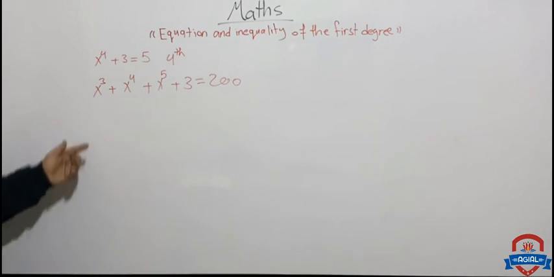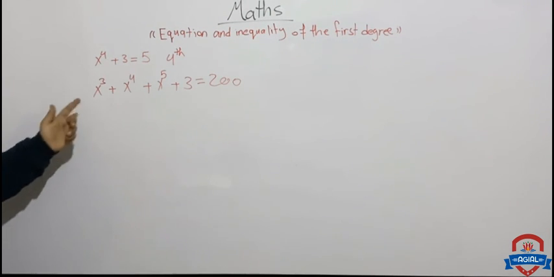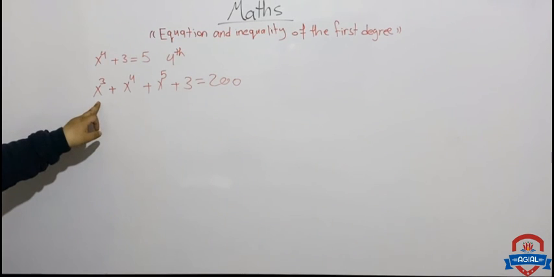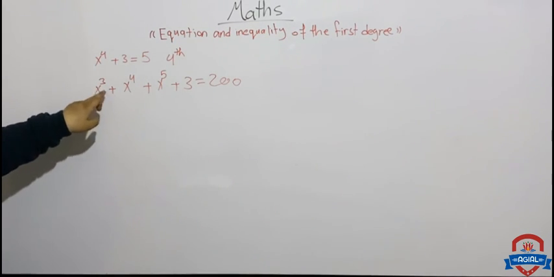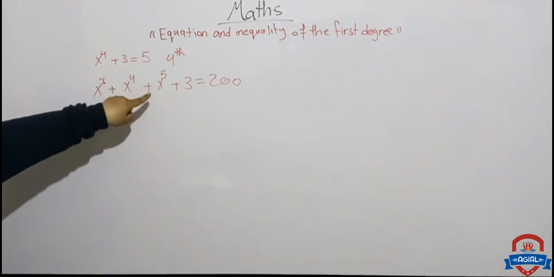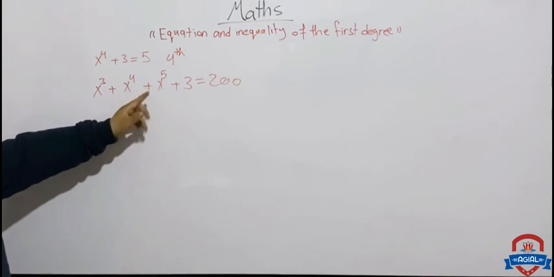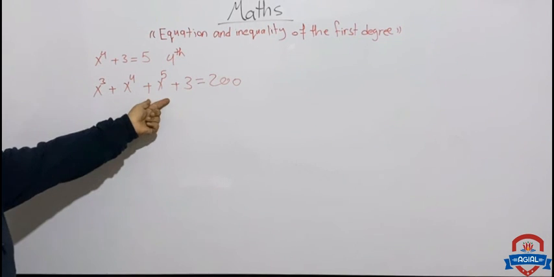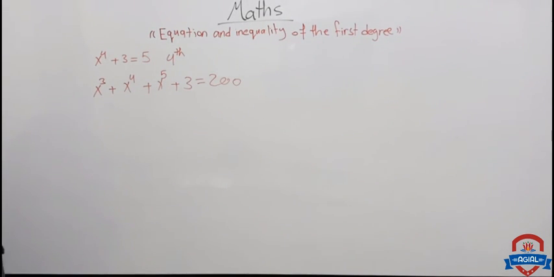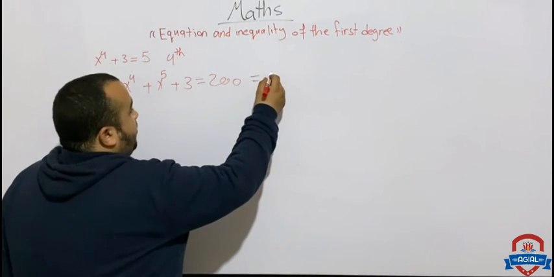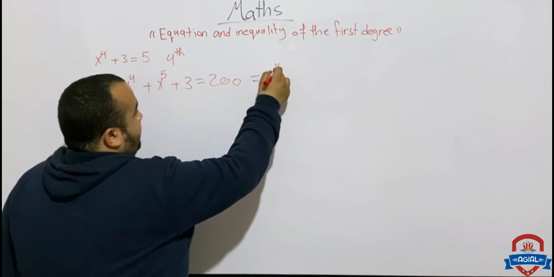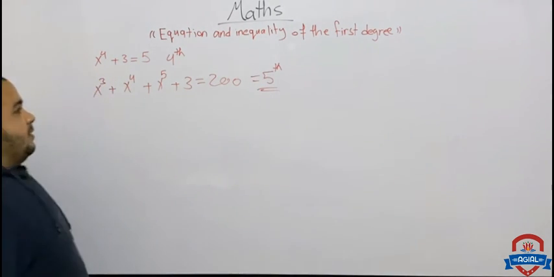So if we need to find the degree of this equation, we have to find the highest power of the unknown. x here is to the power of 3, here to the power of 4, and here to the power of 5. So the highest power of the unknown is 5. So this equation is of the fifth degree.